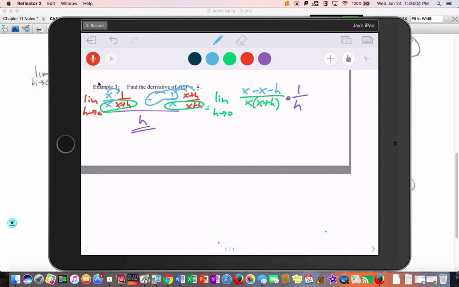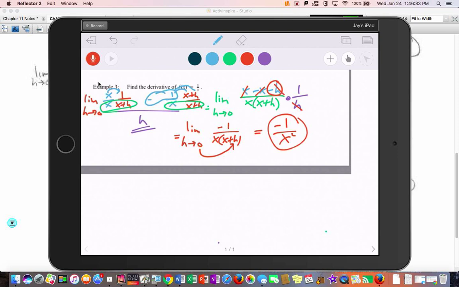So if I start to clean things up, x minus x would go away, and negative h divided by h, I can go like that, and now I'm left with the limit as h goes to 0 of negative 1 over x times x plus h. Put the 0 in there, and I have negative 1 over x squared.